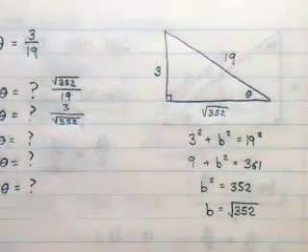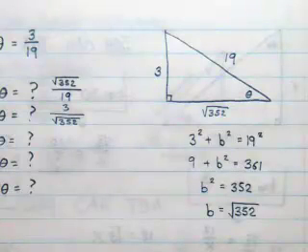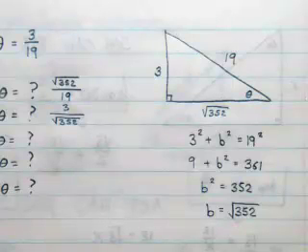Tangent is opposite over adjacent, so there you go. Secant. That is the reciprocal of what? Cosine. It is the reciprocal of cosine.